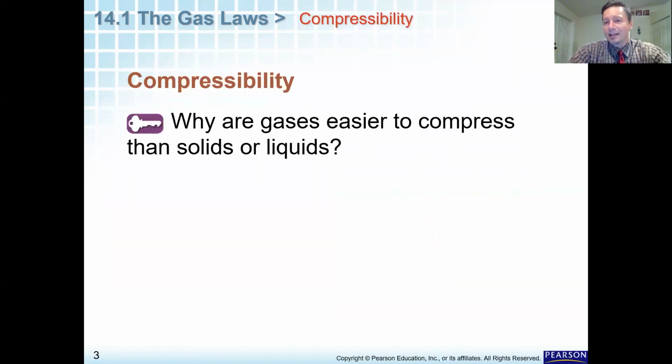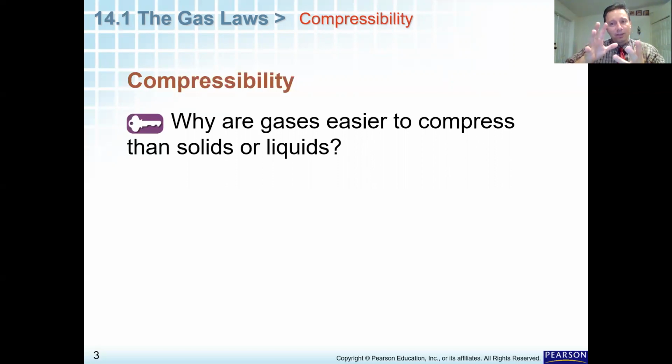We'll talk about that. Compressibility. Now, that's a key concept and a vocabulary term that you'll get down. Why are gases easier to compress than solids or liquids? Well, we learned in Chapter 13 a little bit about the particles. Solids are rigid and tightly packed, vibrating in a fixed position.